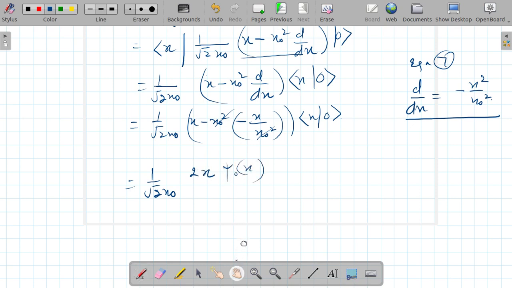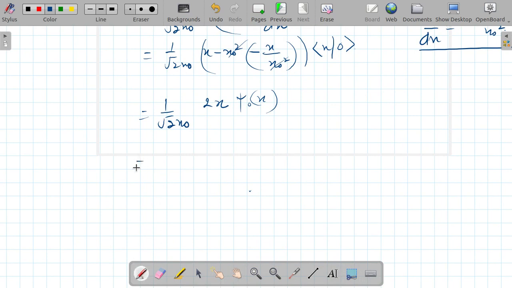Now this is equal to 1 by root 2 x naught, and minus minus will become plus, so it is 2x psi naught(x). Substituting the value of psi naught(x) here, the 2 will cancel out, so root 2 will be there.